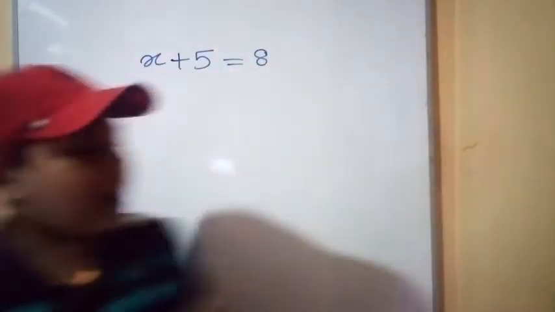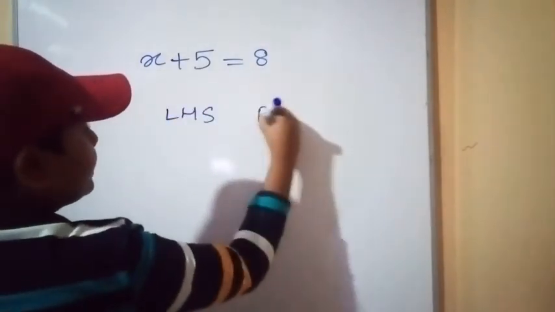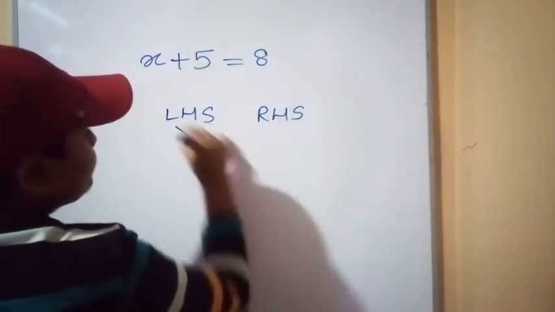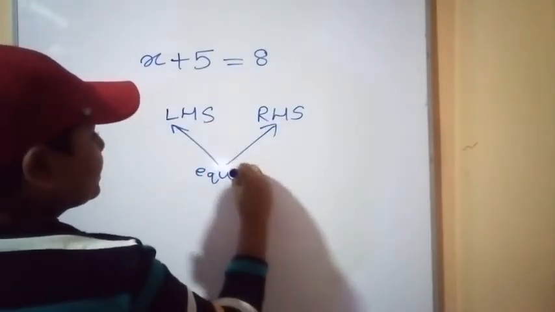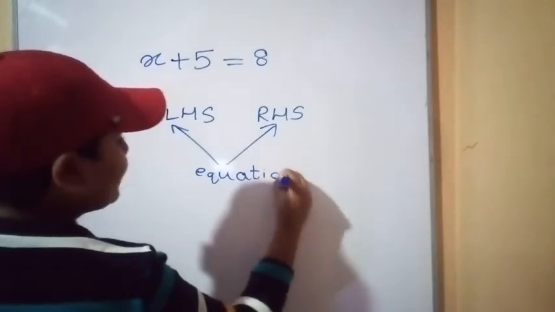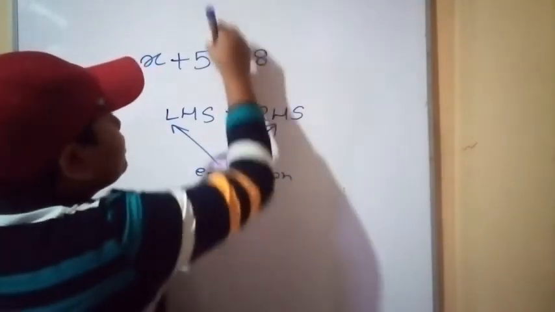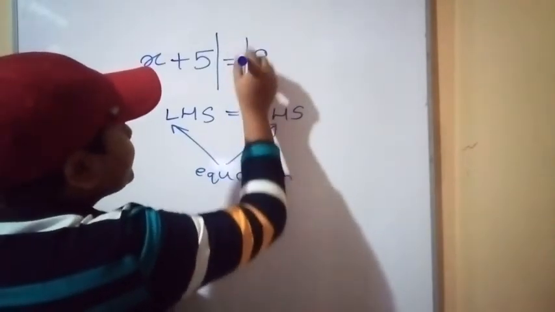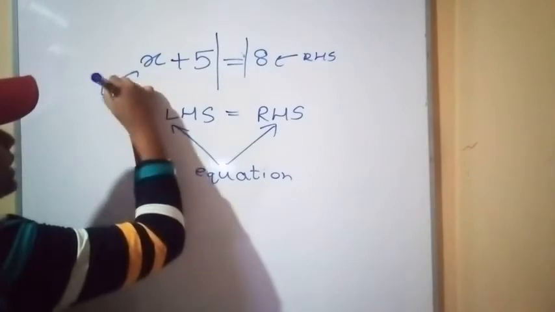In an equation, the left hand side and right hand side divide the equation into 2. You divide it into equal portions. This means the right hand side, and this means the left hand side.